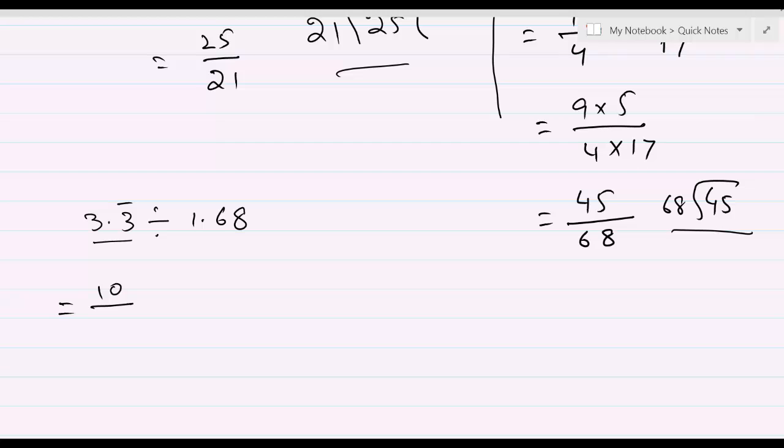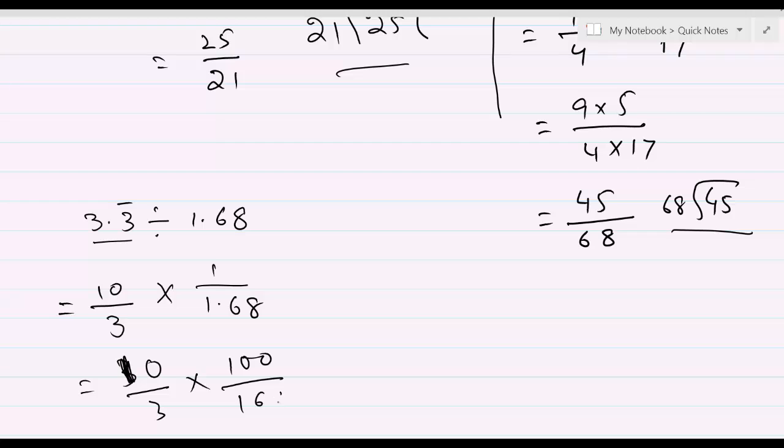You can look at my previous lectures where I have shown how to convert recurring decimals into simpler fractions. 10 over 3, and then this will change into a multiplication sign, 1 over 1.68, and then 10 over 3 times this decimal after, so this would be 100 over 168, and now this is equal to 1000 over 300 times 168.